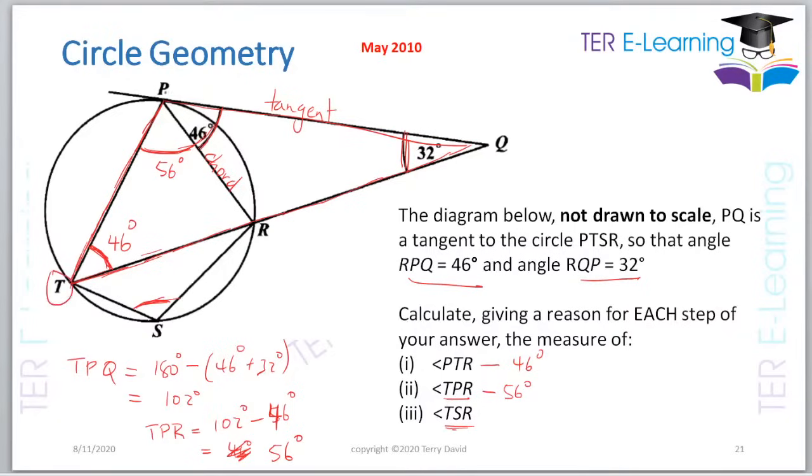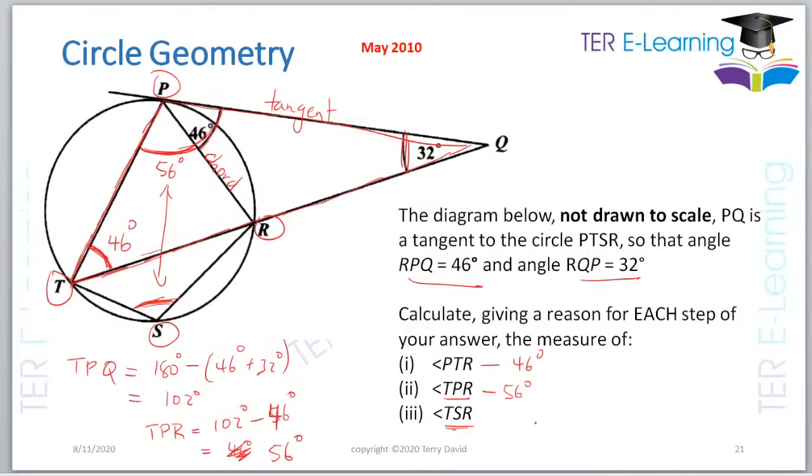T, P, R, and S are vertices of a quadrilateral that's lying on a circle, which means you have a cyclic quadrilateral. So if this angle here is 56 degrees, you can work this angle out easily because opposite angles are supplementary.